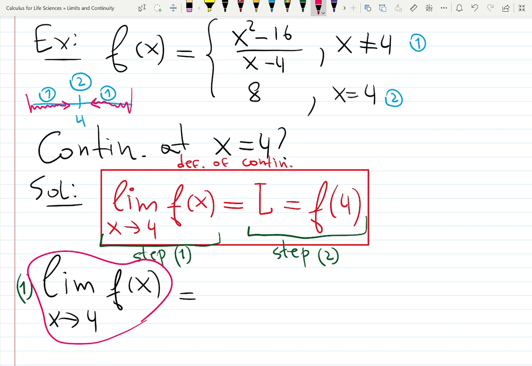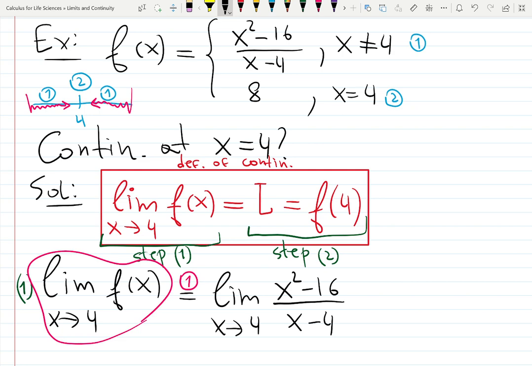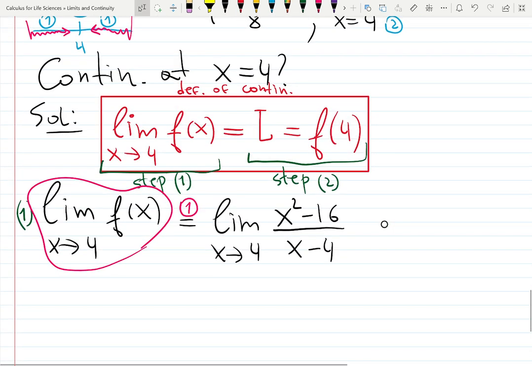That is pretty interesting. And actually, if you ask people outside of this class, just randomly, even in calculus 2 or 3, they usually get stuck at this. Like, wait, what is happening? So it's pretty good if you understand this part. But we are indeed using function number 1. Function number 1 is defined as this fraction, x squared minus 16 over x minus 4, as x approaches 4. So we chose function number 1.